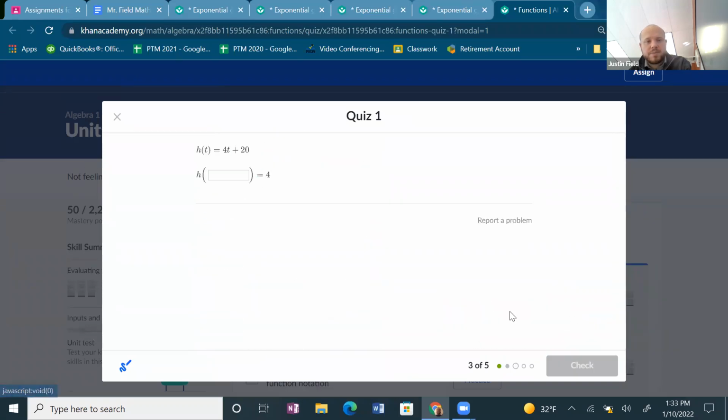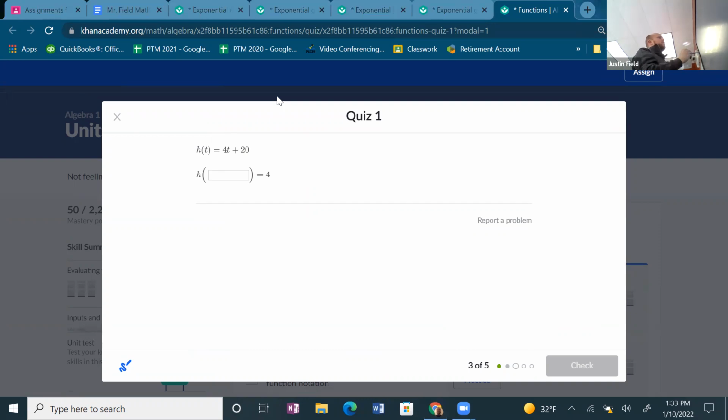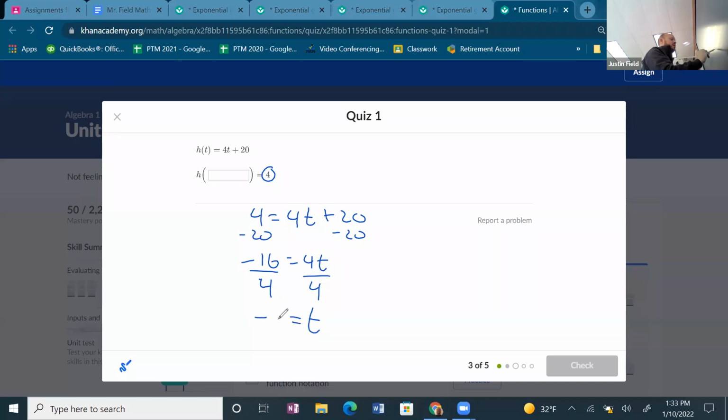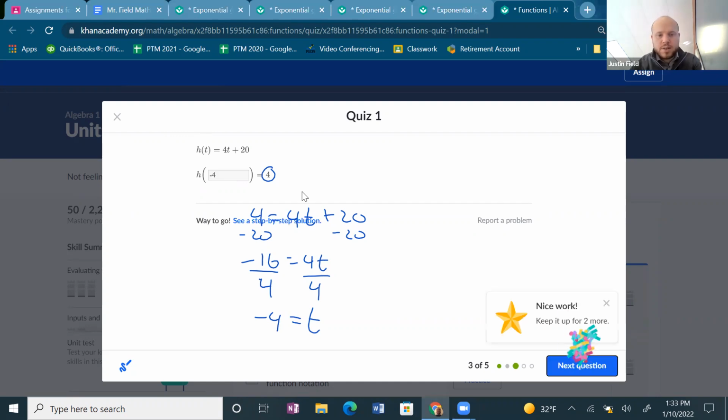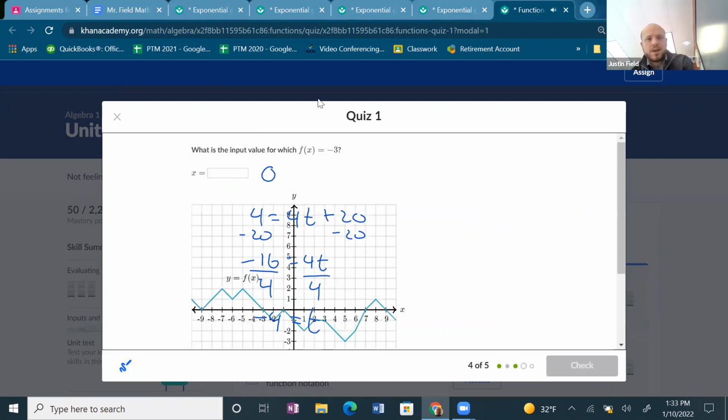Aha, now remember this one. So for this one, we want to take that 4 and set it equal to the expression, and then solve it. -16 equals 4t. Divide both sides by 4. t equals -4. And what is the input value when f of x equals -3?